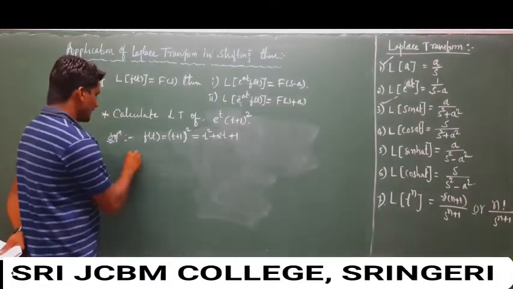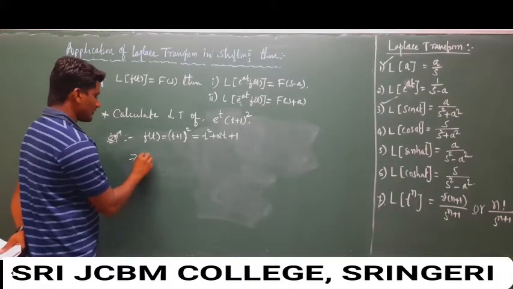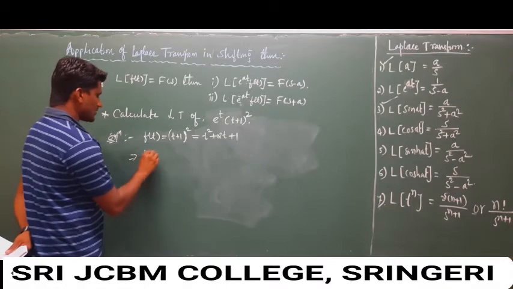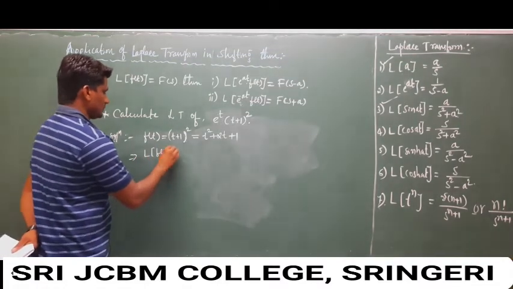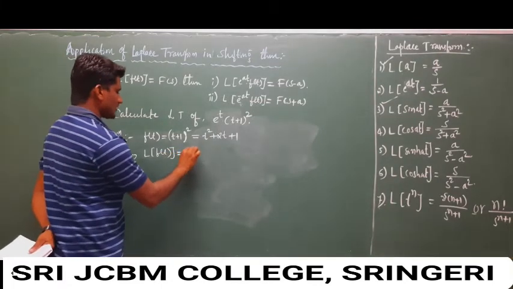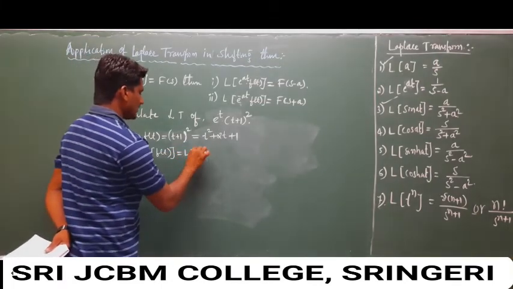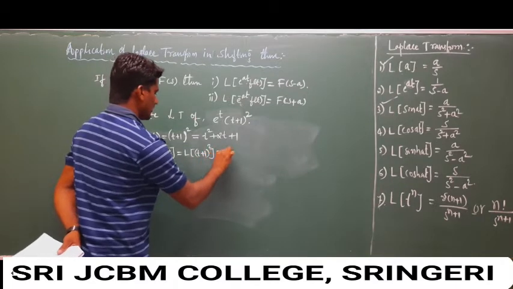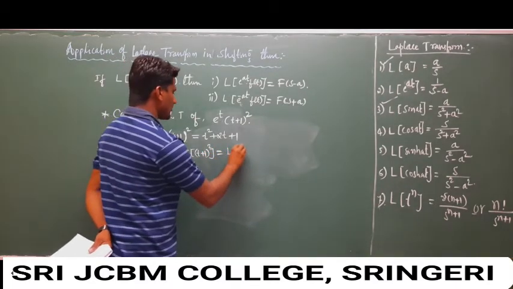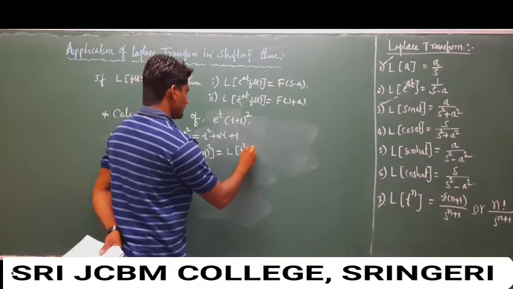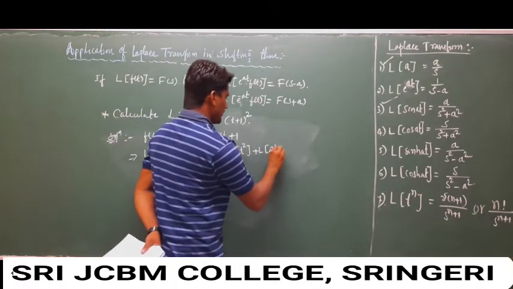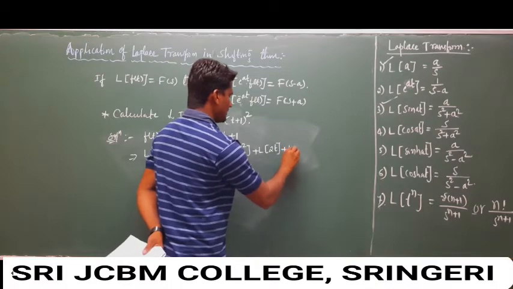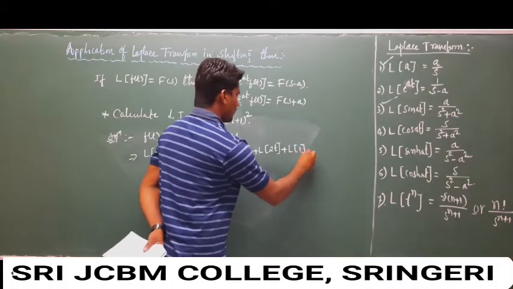Next we apply the Laplace transform to f of t, so the Laplace transform of (t plus 1) whole square is equal to the Laplace transform of t square plus the Laplace transform of 2t plus the Laplace transform of 1.